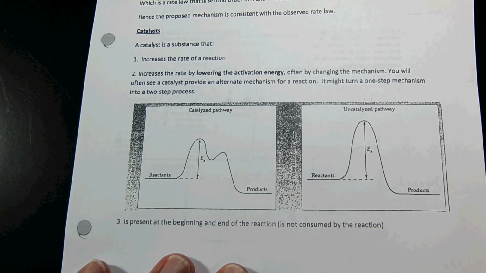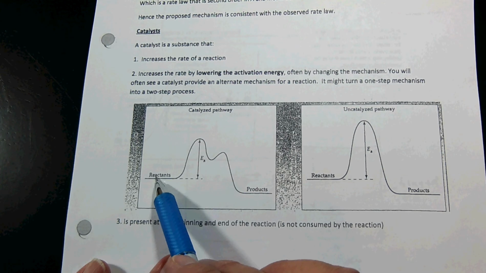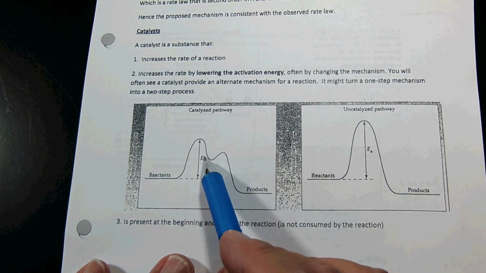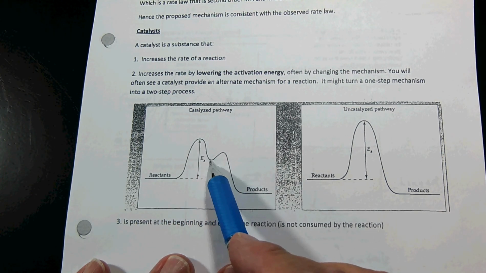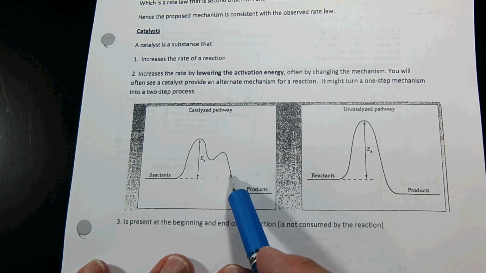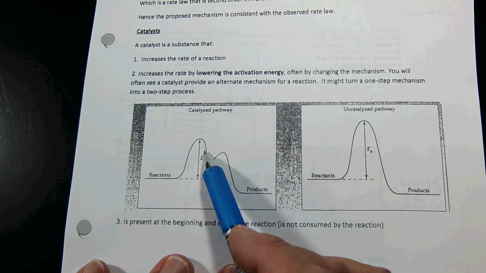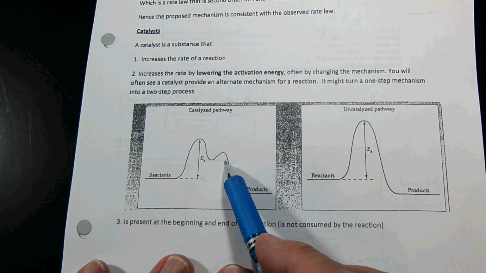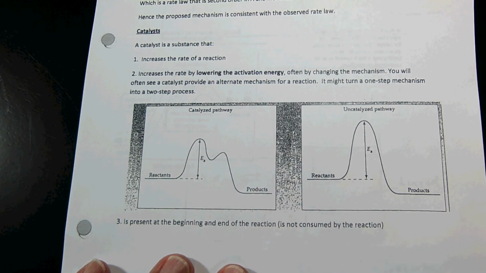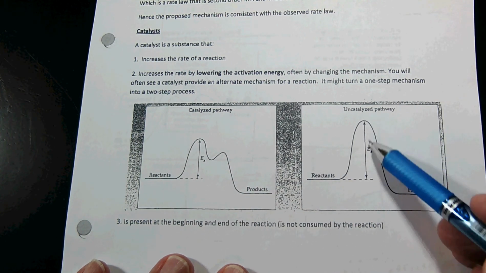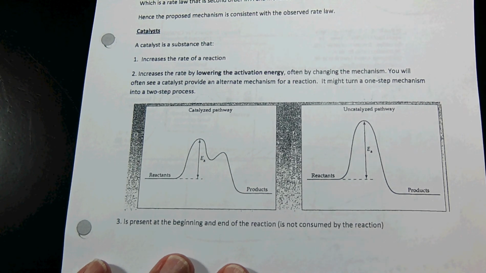Maybe you have a catalyst that allows a reaction to go in two steps. One step that's got an activation energy. The second step has an even smaller one. Hey, going in two small steps has a lower overall activation energy than going in one big step. So that's the way catalysts work.